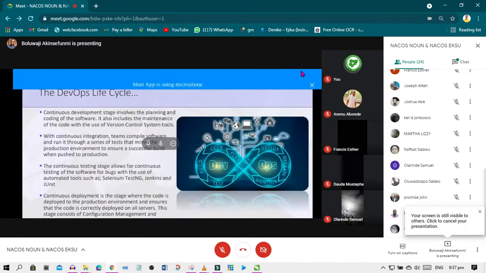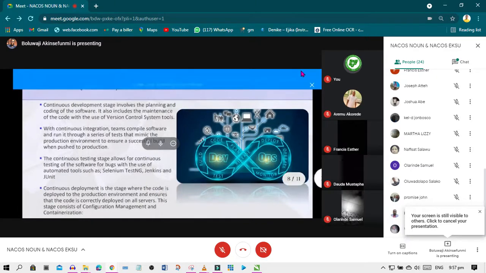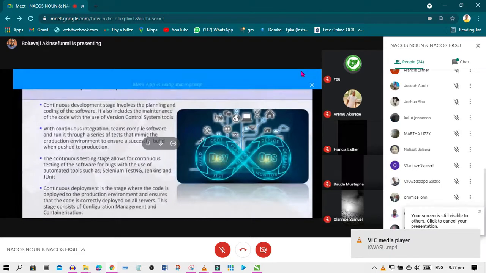So we have Selenium as a portable software testing framework. I think that one is used mostly for web applications, and there is Selenium IDE, which is used with a particular test domain, and that one is also called Selenium. Then Jenkins and JUnit are also used for continuous testing.